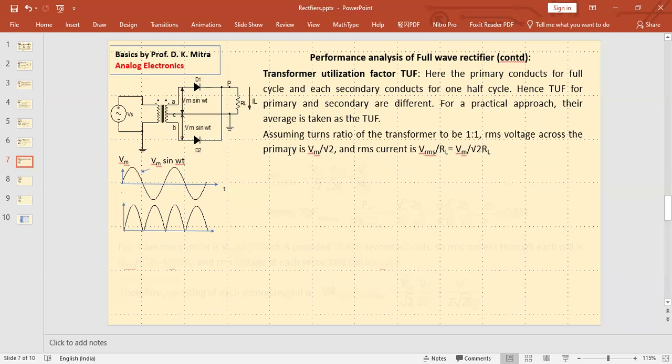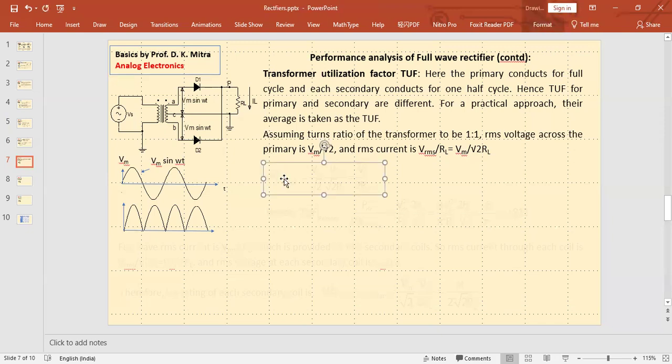RMS voltage across the primary is, our primary voltage was Vm sin omega t, so its RMS is Vm by root 2. And so what is the RMS current? It is Vrms by RL, that is Vm divided by root 2 RL. This is the load resistance, right?